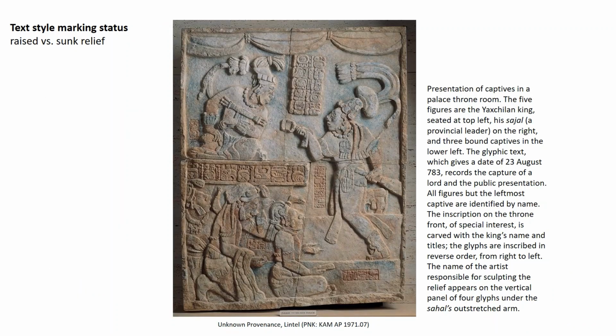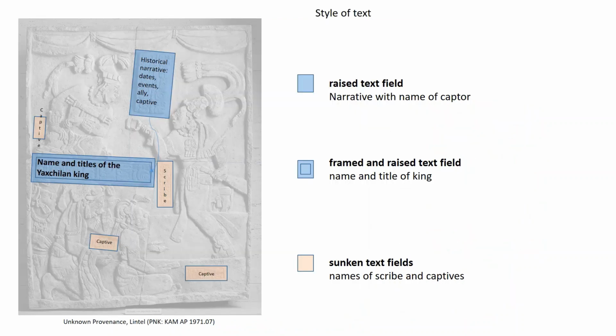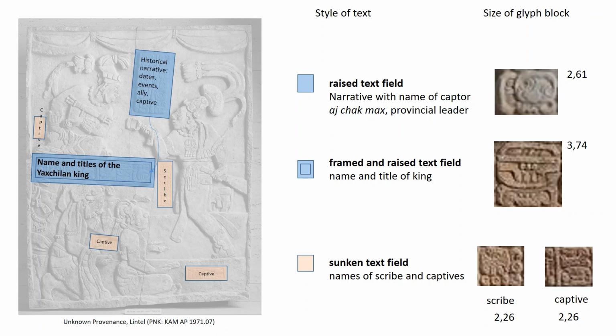This is a nice lintel in the Kimbell Art Museum, and you see here it consists of a raised text field with narrative with the name of the captor, and here the king is sitting on his own hieroglyphs, on his name. So it's sitting here, and also the size of the hieroglyphs do vary. The narrative has this size.